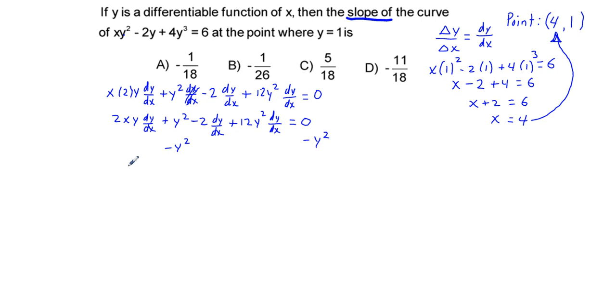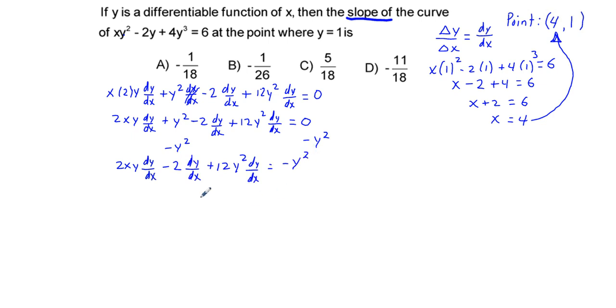So we have remaining 2xy dy/dx, and then we have minus 2 dy/dx, plus 12y squared dy/dx is equal to negative y squared.